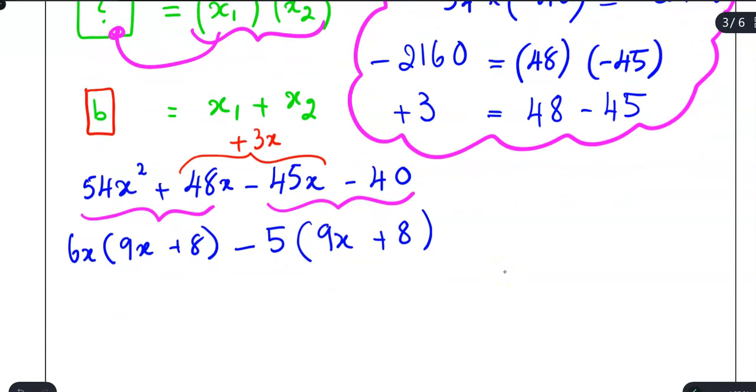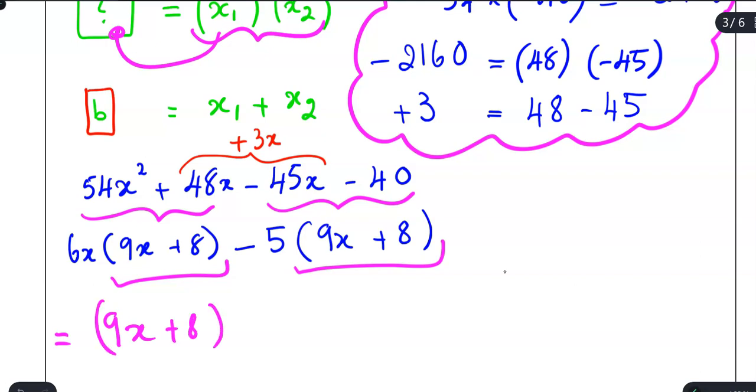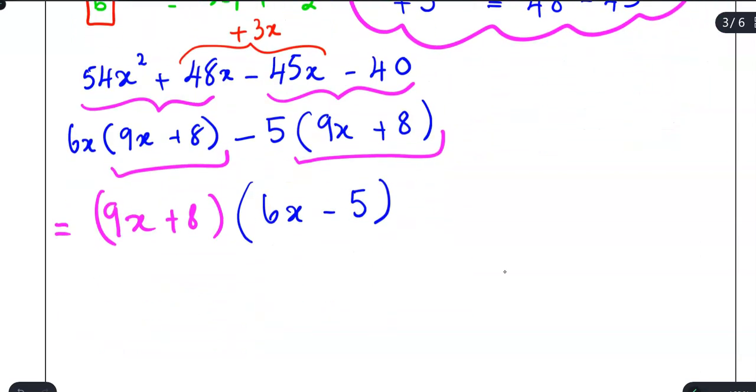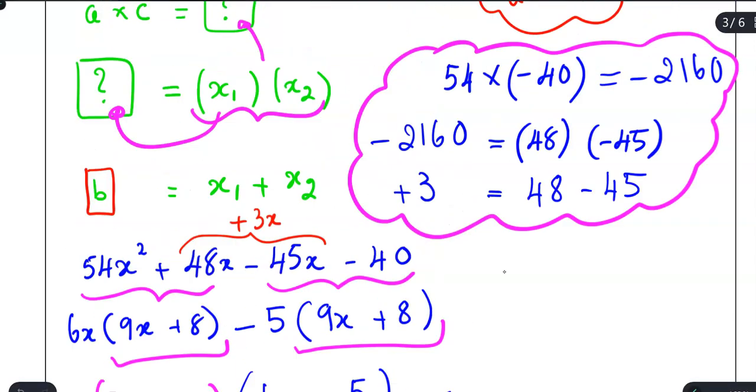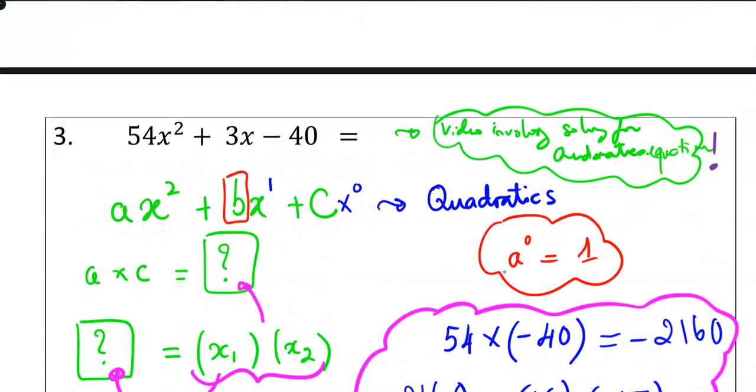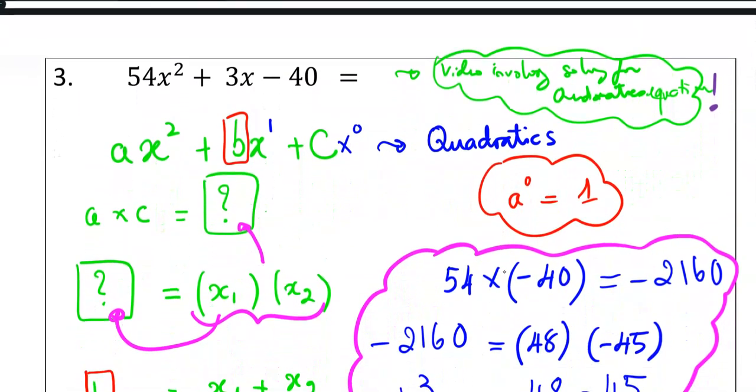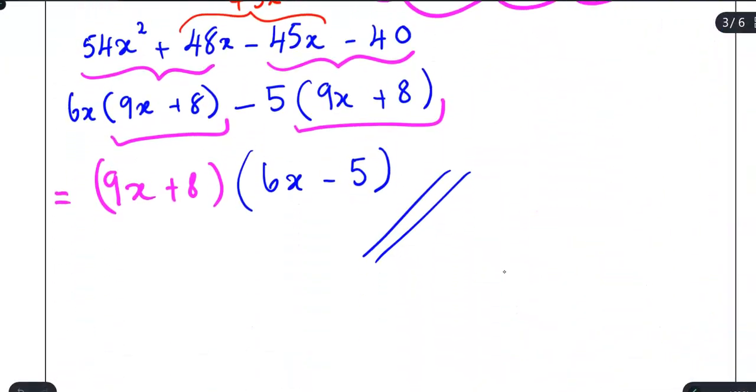So now you see that this and this are your common factor. So you take this out as your common factor. What you have left inside the bracket should be 6x minus 5. So these two factors are the factors of the trinomial that was given to us at the beginning, 54x squared plus 3x minus 40.